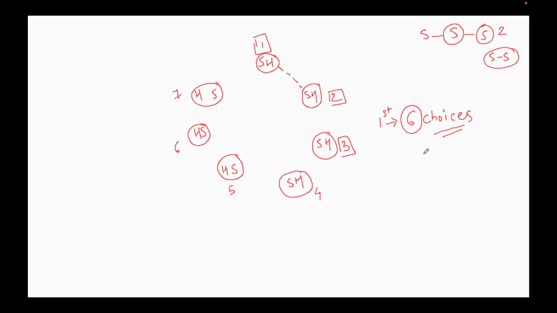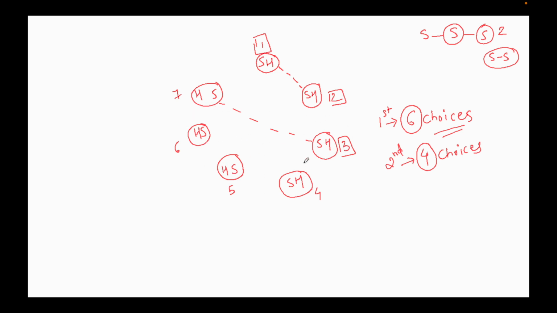So it has 4 choices. Suppose I made a choice between 7 and 3. I made a bond between the 7th cysteine residue and the third cysteine residue.